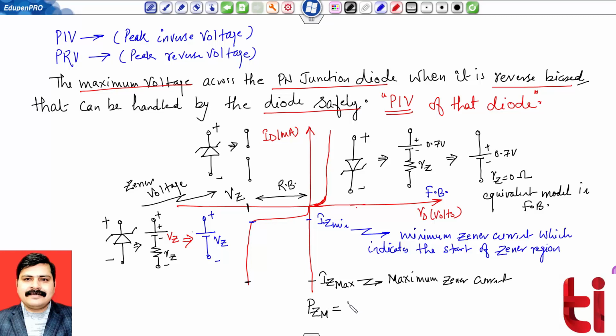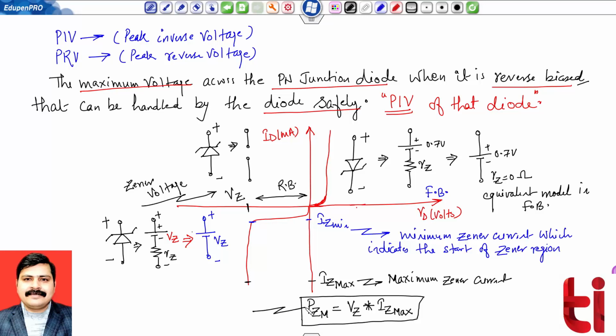So it will be equivalent to Vz multiplied by Iz max. So the maximum power which can dissipate by a Zener diode can be represented by PZM.